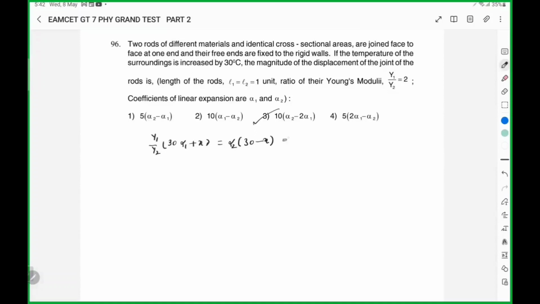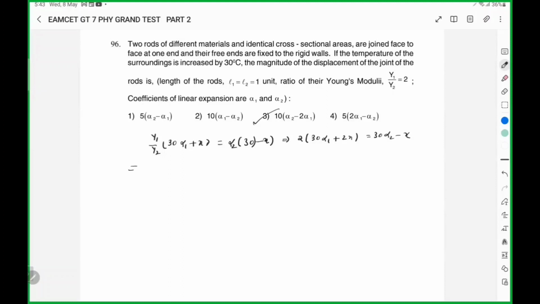That is 2 times 30 alpha 1 plus 2x is 30 alpha 2 minus alpha 2 x. Here it is 30 alpha 2 minus x.